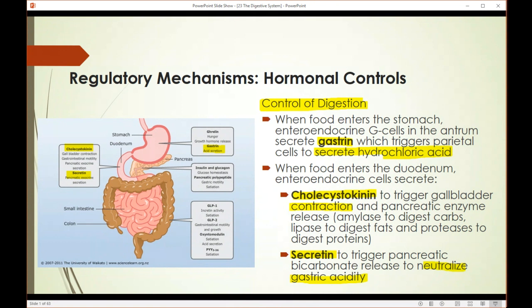Then secretin is going to trigger our pancreatic bicarbonate release so that we can neutralize gastric activity. Remember, this is hydrochloric acid in here, but once we get into our small intestines, we don't want our bolus of food to still be covered in acid. So secretin helps us release our bicarbonate so that we can neutralize that stomach acid.